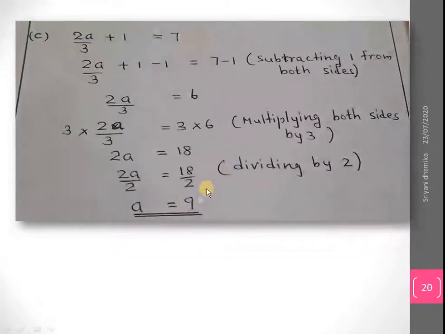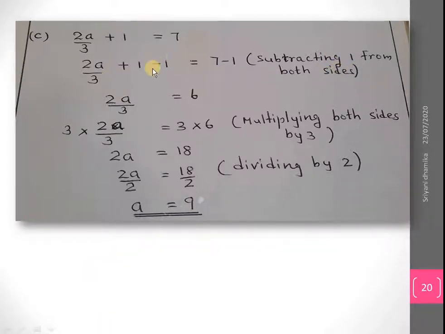Now see the next one. Here the unknown coefficient is a fractional value, 2/3. The question is 2a over 3 plus 1 equals 7. So subtract this positive 1 from both sides. The inverse mathematical operation is subtracting 1 from both sides.